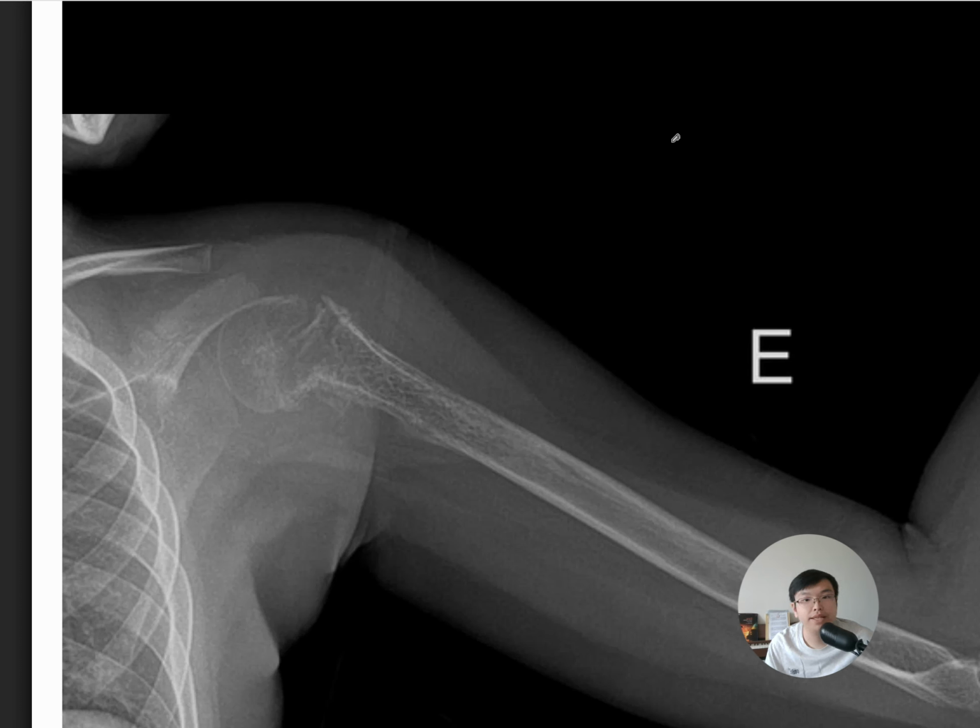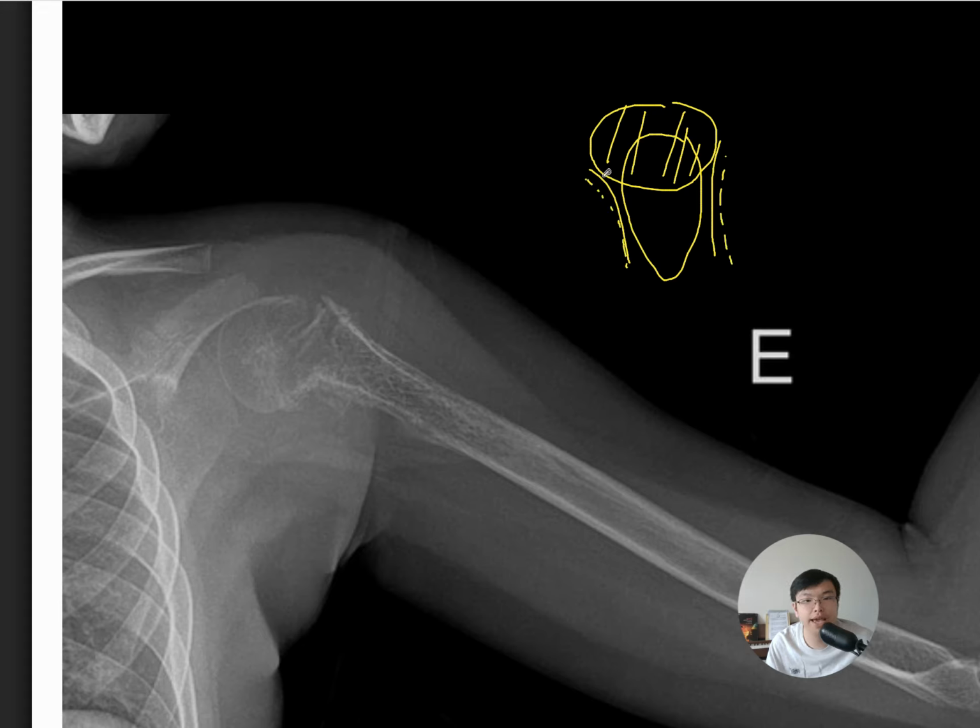Sometimes many of the trainees will be confused, okay, so actually what's the point of seeing another similar image? Okay, they appear to be similar, I would say, okay, but I will explain like this, okay. So this is the cross section of the bone of the humerus, for example, with the bone lesion inside, okay. Just now maybe we were looking at these two aspects of the cortex, but sometimes we do not see the classical periosteal reaction here, but rather it may appear at other points, for example, the anterior aspect and also the posterior aspect like this.